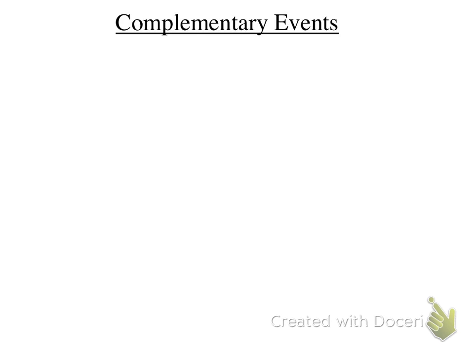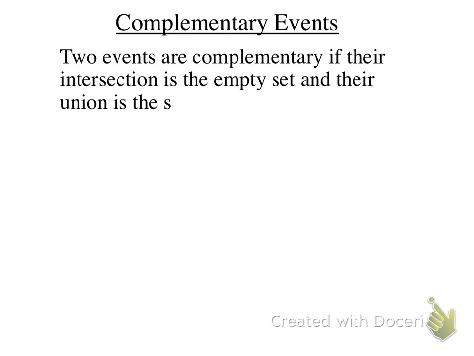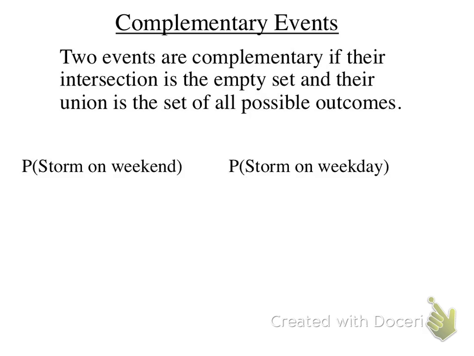All right. Complementary events are two events that kind of go together. Like it's the sum of events. So let's talk about storms. The possibility of a storm on a weekend versus a storm during the weekdays.